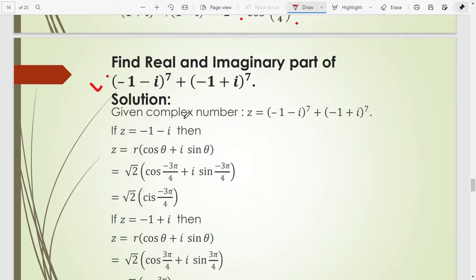We are given the complex number z equal to minus 1 minus iota raised to 7 plus minus 1 plus I raised to 7.